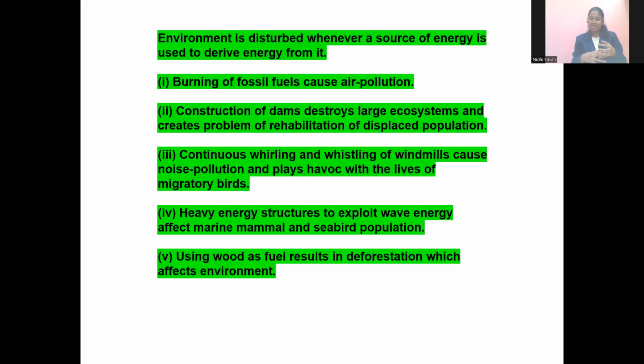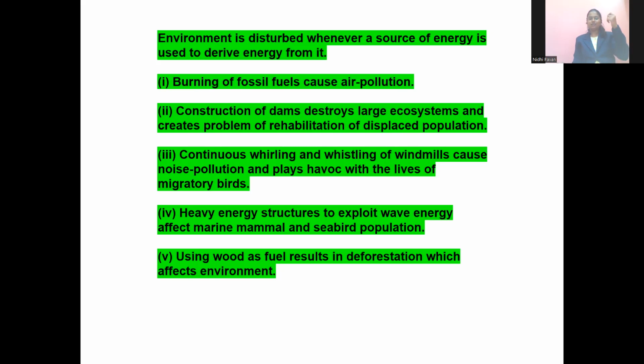This acidic oxide mixes with water and causes acid rain. Acid rain spoils historical monuments. The construction of dams needs larger spaces, it will capture villages and disturb the people.